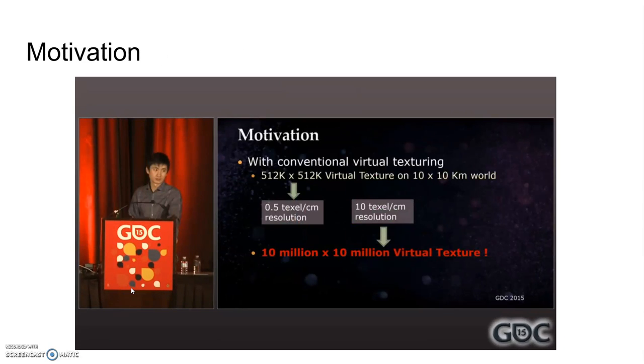Motivation. Procedural virtual texture works well with caching the final rendering result of the terrain details as an optimization approach. But the problem is that since the standard virtual texture applies uniformly, they would just get 0.5 texel per centimeter resolution.